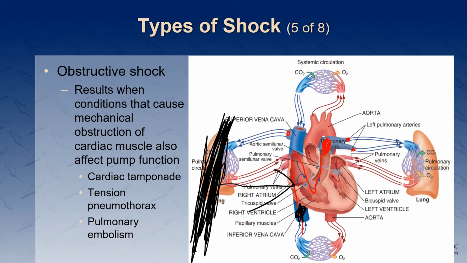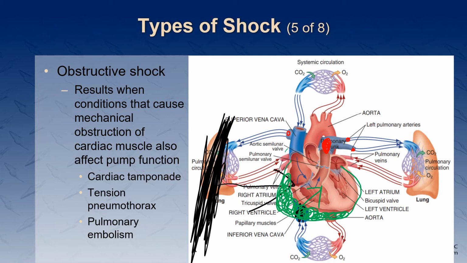Then cardiac tamponade. All right, so you've got your pericardial sac that normally hugs the heart real tight, but somebody who's having a tamponade, right, ends up with fluid. Could be blood from an injury, could be fluid from an infection, right? But fluid ends up collecting in here, and it ends up pushing on the heart, physically obstructing the heart from contracting or from filling effectively, right?